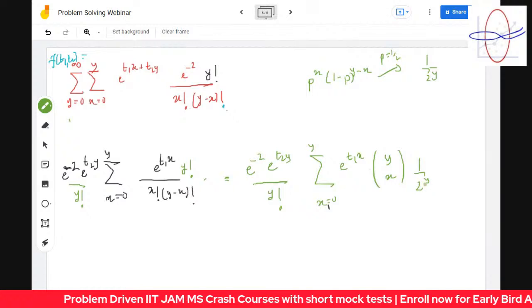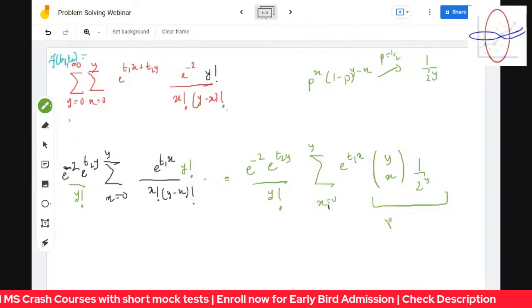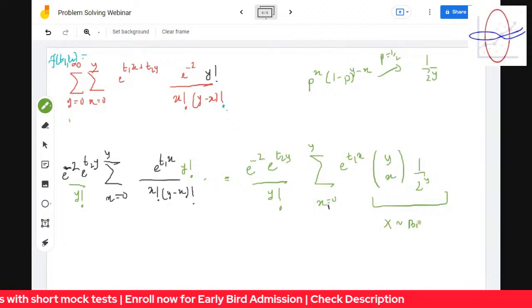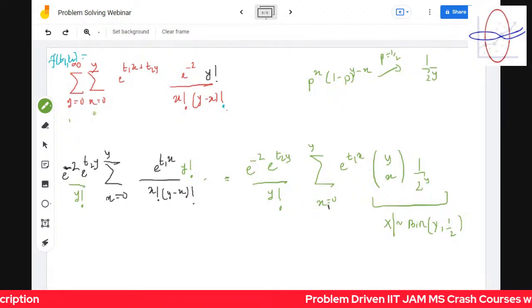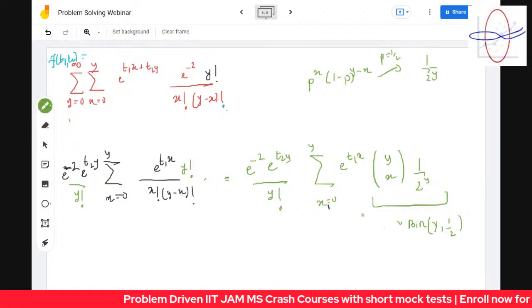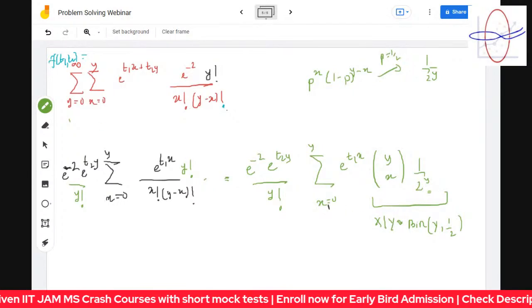If you multiply it by 2, you can see x now follows binomial y comma half. X given y follows this. You sort of get it.